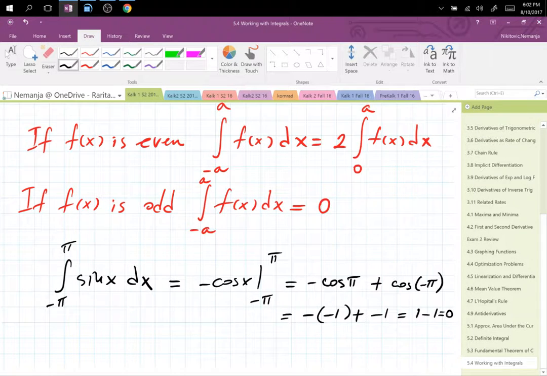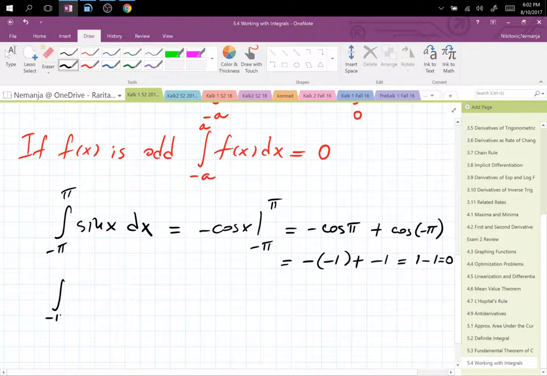Which you can immediately get if you know the formula above. You can just write equals 0. You don't have to go through all these calculations. These are convenience formulas, and if you don't know them, you will be doing the work in black that I have for the example. If you know the theorem, you will just go integral from negative pi to pi of sine x dx equals 0, and you're done.